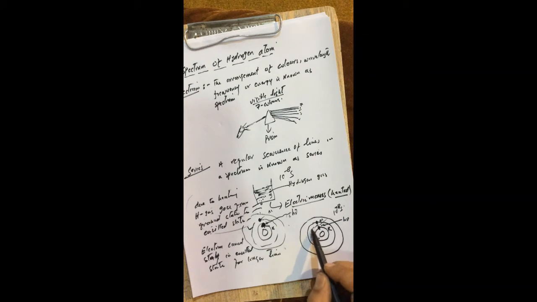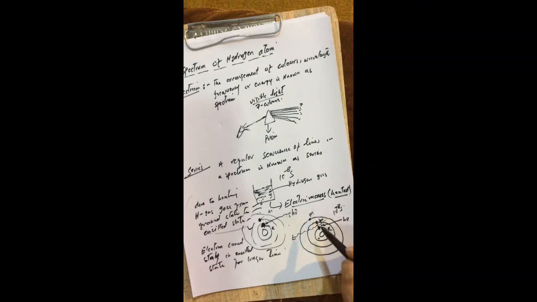It will emit electromagnetic radiation. Now the emission of radiation from M to K shell has a different wavelength as compared to the emission of radiation due to de-excitation from L to K.